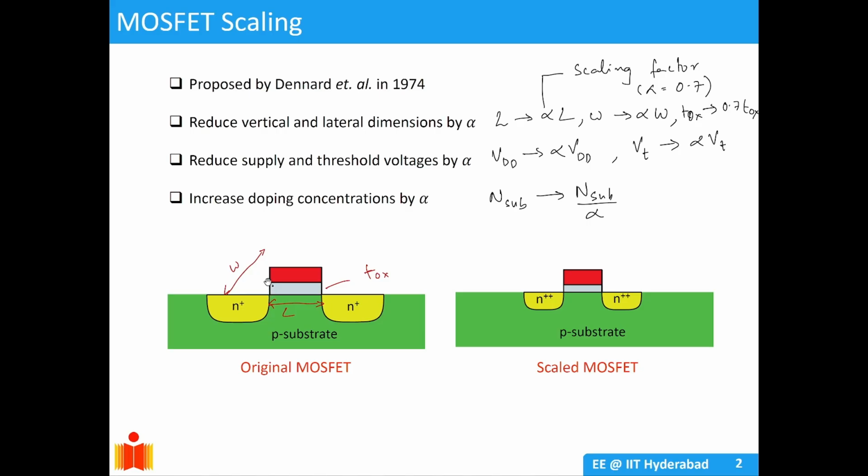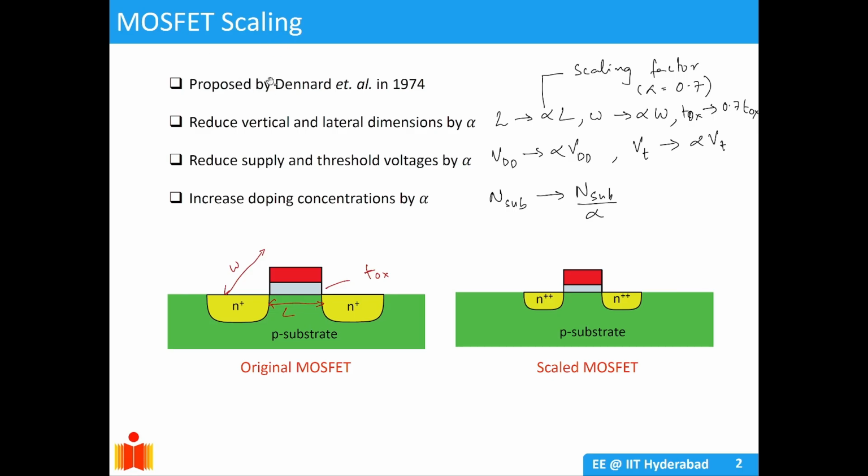Mainly three components of a MOSFET are scaled: the length, the channel width, and the gate dielectric thickness. If all three of them are scaled, then the overall footprint of a MOSFET reduces, and we can pack more MOSFETs in a given area. That way we can increase the transistor density.